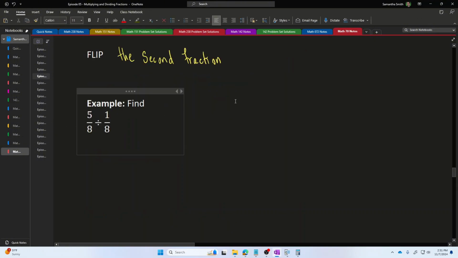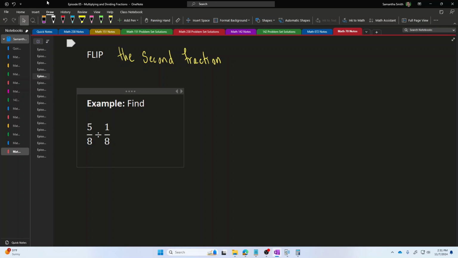Now, to give you another example of how I would divide one fraction by another, suppose someone asked me to find 5/8 divided by 1/8. And before I go into this calculation, I just want to think logically through what this is asking me to do and what kind of answer might make sense to a division problem like this, right?